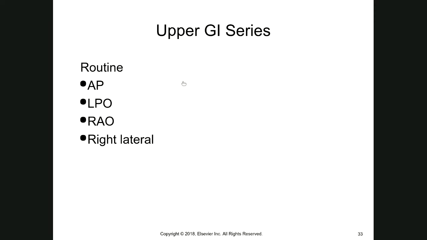We talked about with the esophagram, there's 4 views, but only 2 are the most diagnostic and 2 aren't very diagnostic. So on the upper GI, we tend to go in this order. We do AP, an LPO, an RAO, and a right lateral. Those are our 4 images.